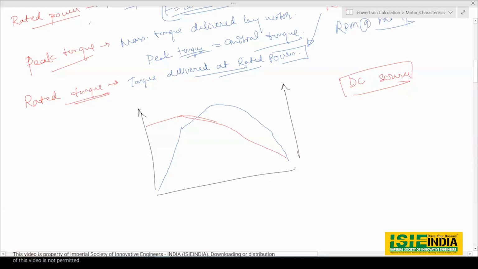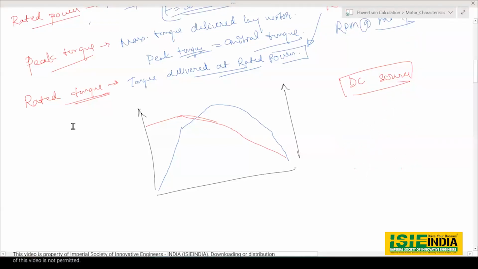Now for this motor, if you vary voltage and current, you will be able to vary the torque, right? So I'll just re-explain this to you.